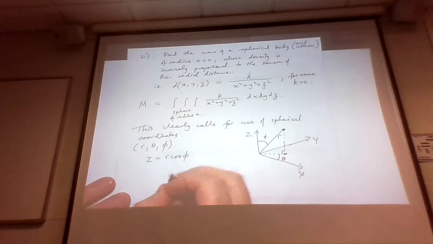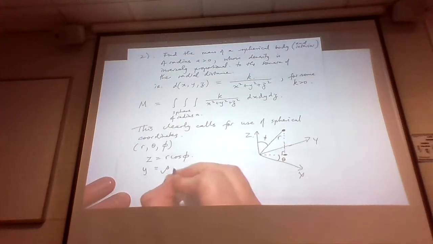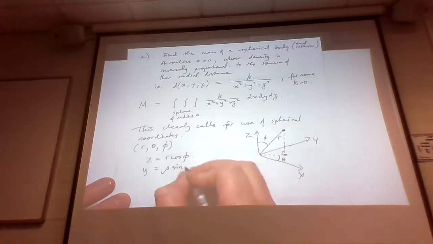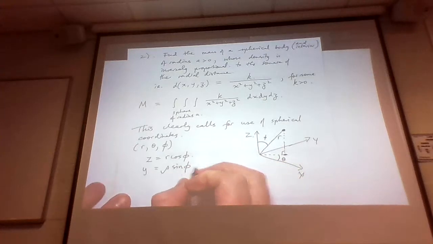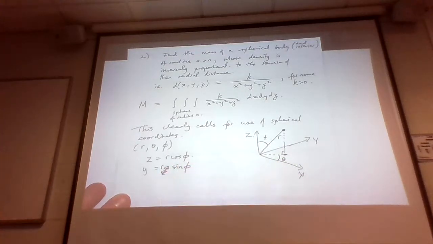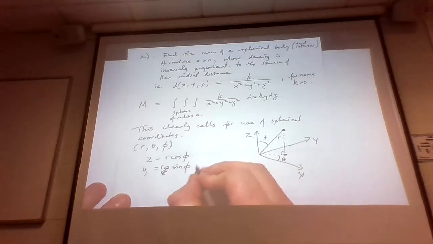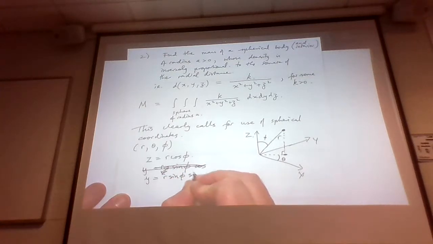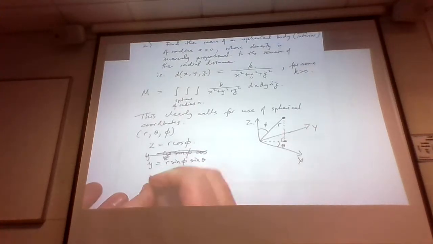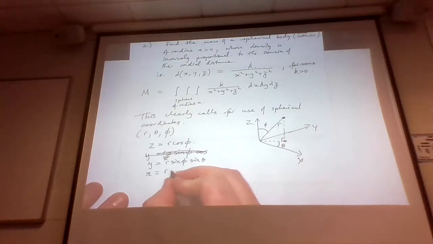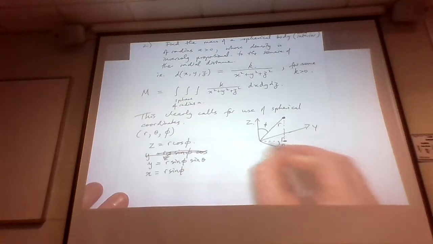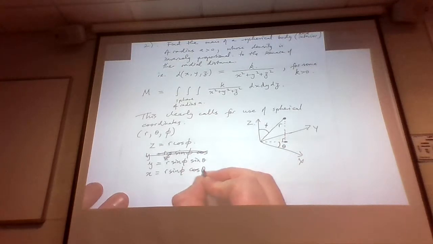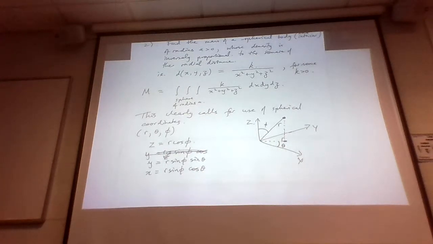And the x and y coordinates involve the quantity r sine phi. That's the length of the projected radius. y is r sine phi sine theta, see I'm writing them out in opposite order, and x is r sine phi, that's the length of the projected radius, cosine theta. So those are the transformation equations.